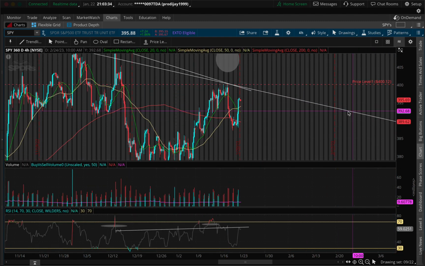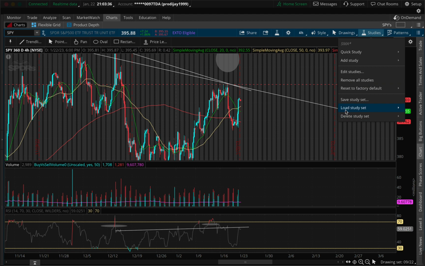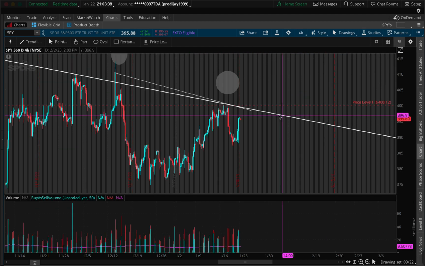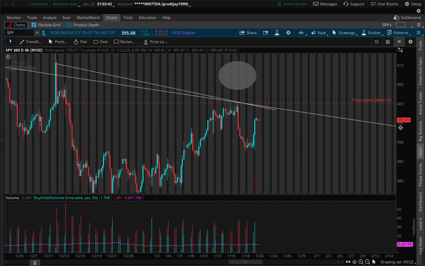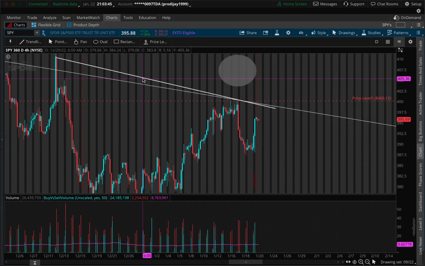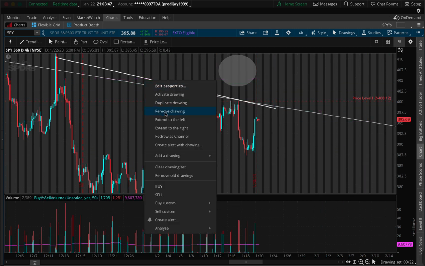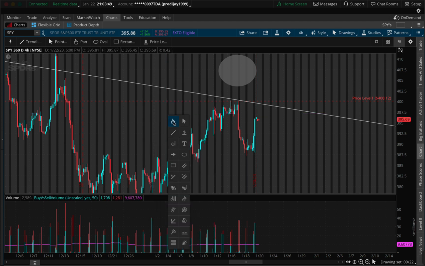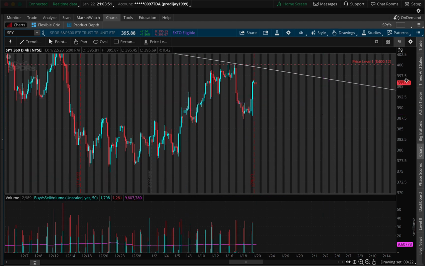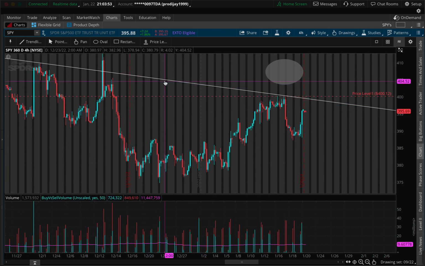Let's bring it down to the 4 hour and let's get rid of these. So this is what the 4 hour looks like, and like I said, it's kind of creating some type of cup and handle, which would need a break.